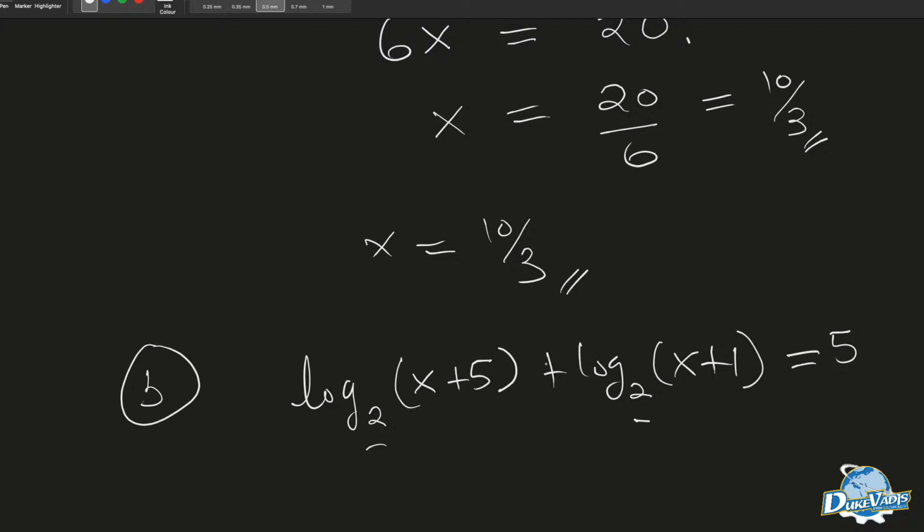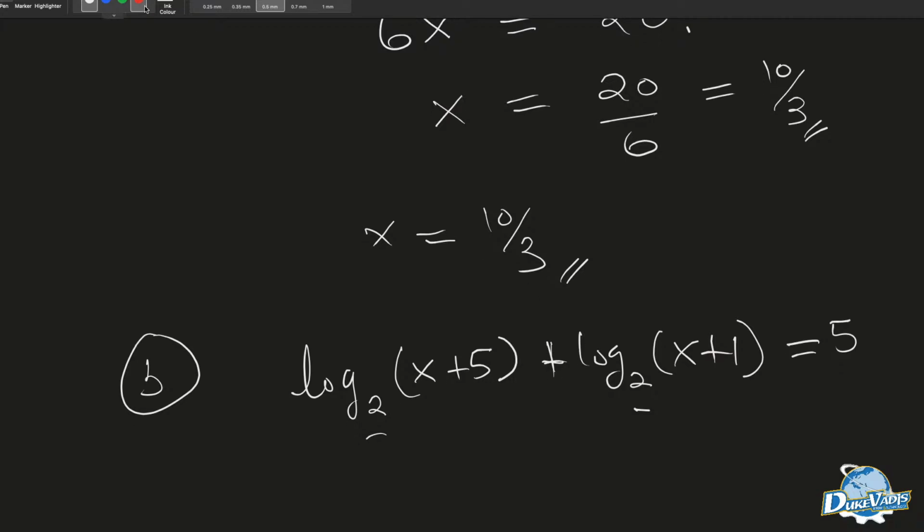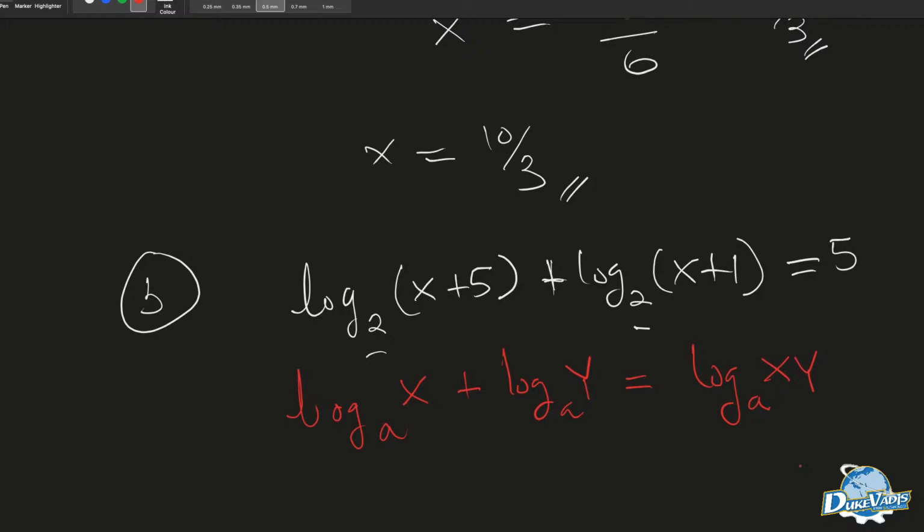And there's an addition sign in between them that reminds us of this very property, again, of logarithm. That says if we have log to the base a of x plus log to the base a of y, it always equals log to the base a of xy. Have you seen that? So when we look at the left hand side of the equation, log to the base 2 of x plus 5 plus log to the base 2 of x plus 1 equals 5.